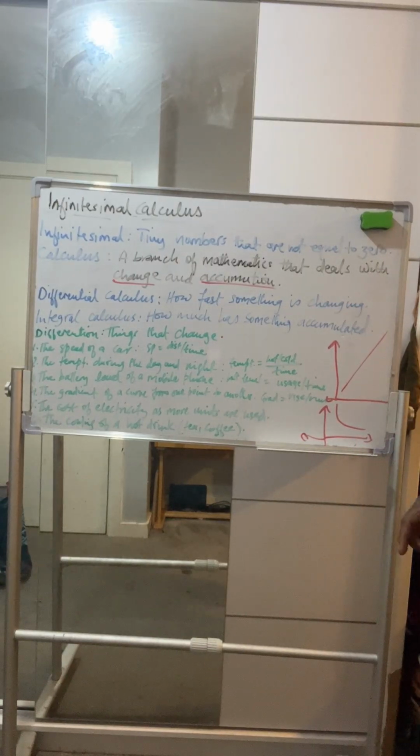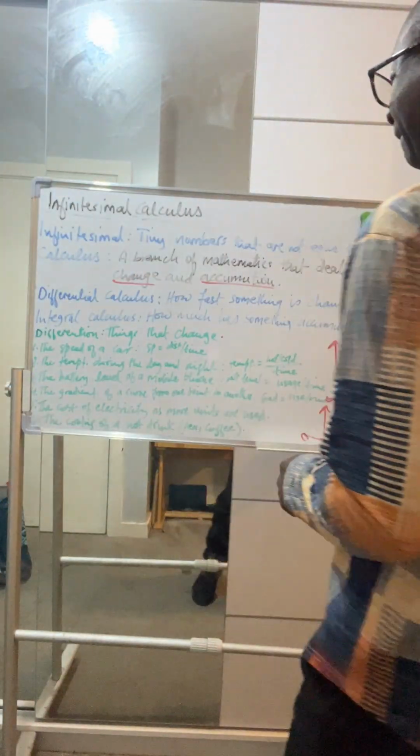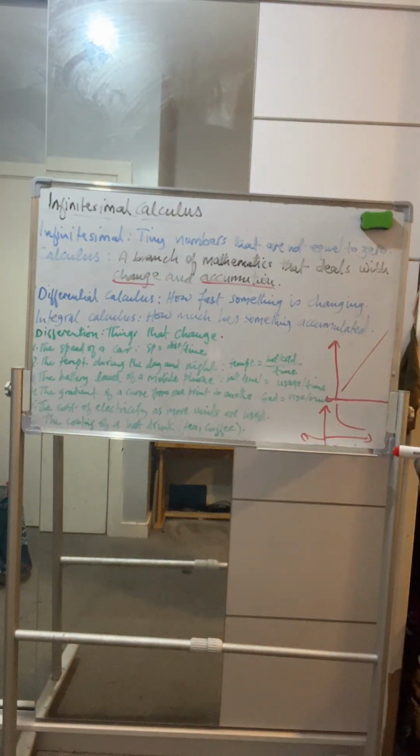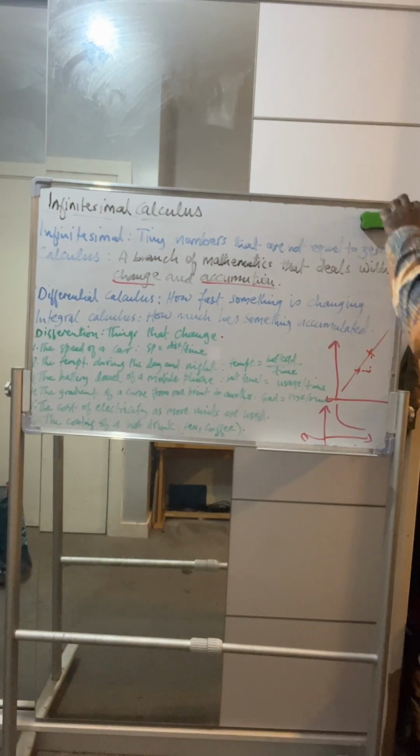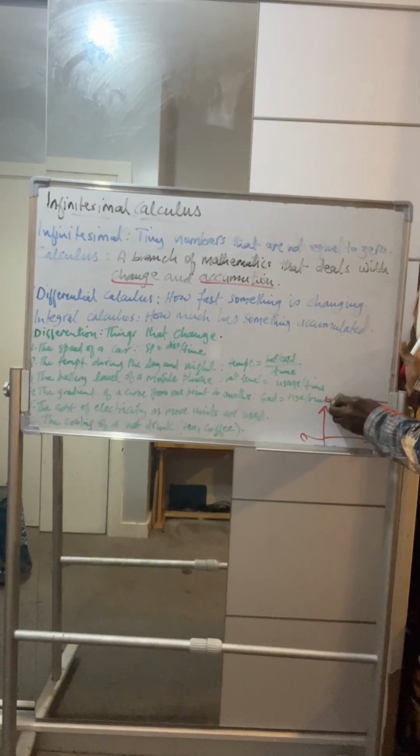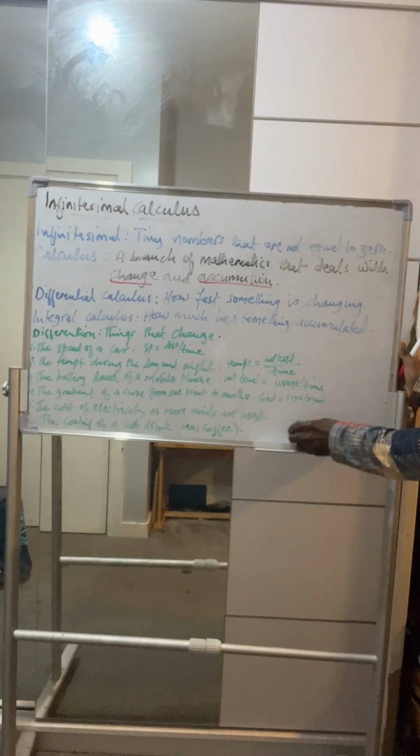These are all curves. When you say gradient, that is the steepness. You can see this line here is steep. So that steepness is what is called gradient. You can measure the steepness. Take these 2 points, you can measure the steepness. So that is the gradient of a curve, or this one here is the gradient of a line.